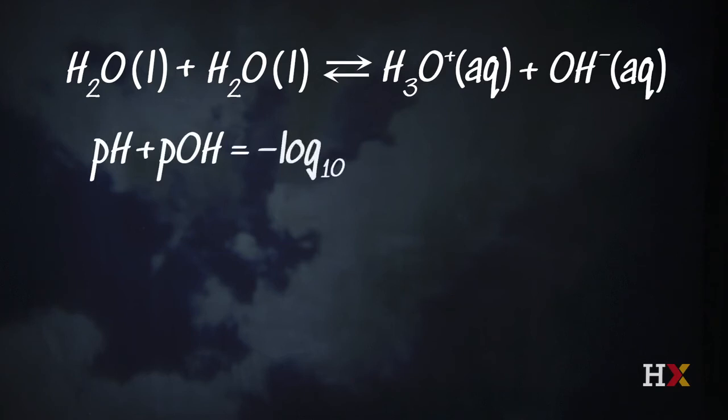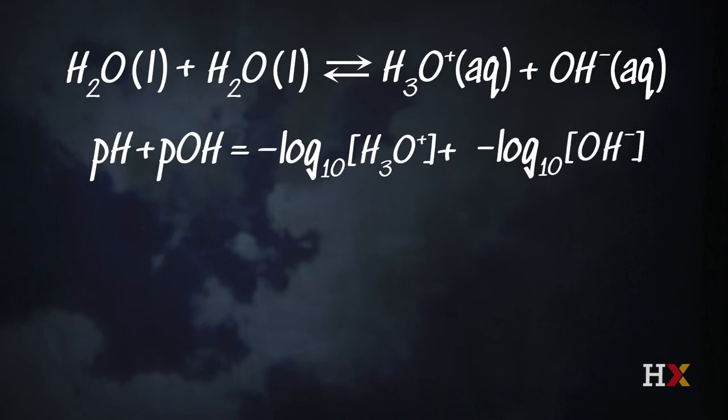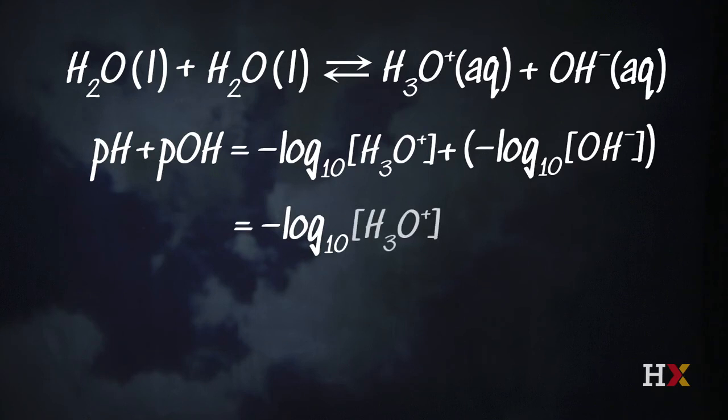That's minus log to the base 10 of the H3O+ concentration, and then we add to that plus a minus log to the base 10 of the hydroxide anion concentration. So let's put brackets around this just to remember the negative sign that's there. And we can write that by gathering together the logarithms, and that gives us minus log to the base 10 of the product of H3O+ times the OH minus anion.